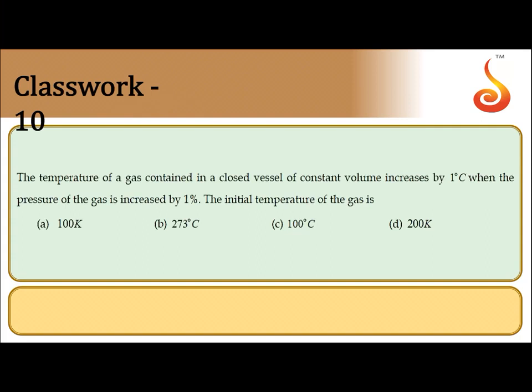The temperature of a gas contained in a closed vessel of constant volume increases by 1 degree Celsius when the pressure of the gas is increased by 1%. The initial temperature of the gas is. So what I have given is temperature of the gas in a closed vessel of constant volume increases by 1 degree when pressure increases by 1%. Then what is the initial temperature of the gas? So the process takes place at constant volume condition.